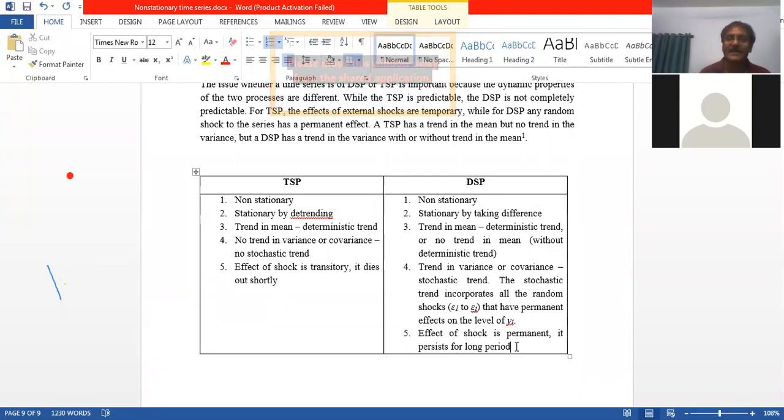Stochastic trend appears by the accumulation of the previous shocks. So in the case of stochastic trend, shocks will be accumulated over time. If shocks are accumulating over time, there is no chance to eliminate the effect of the shock, at least for the shorter period.